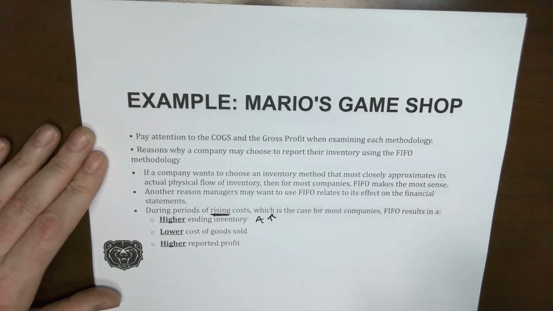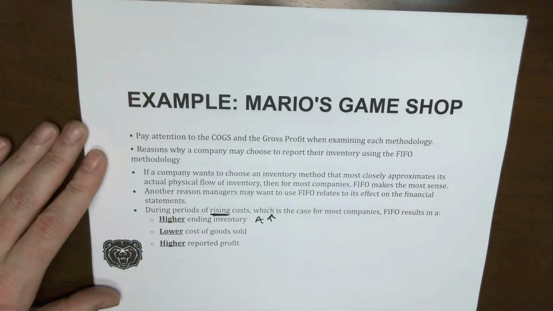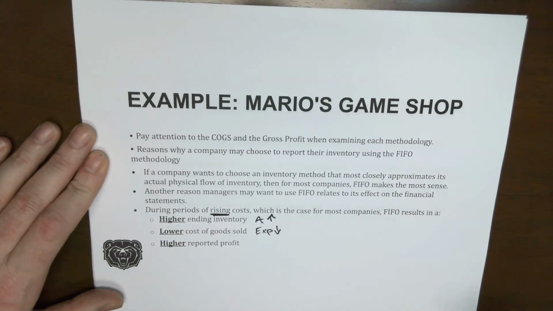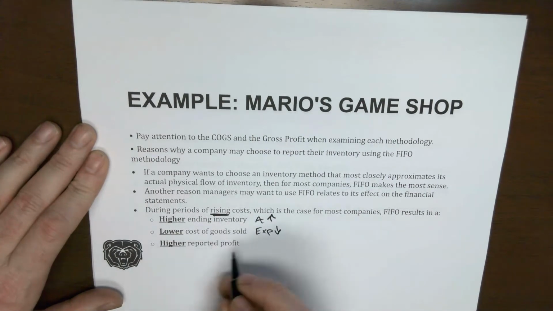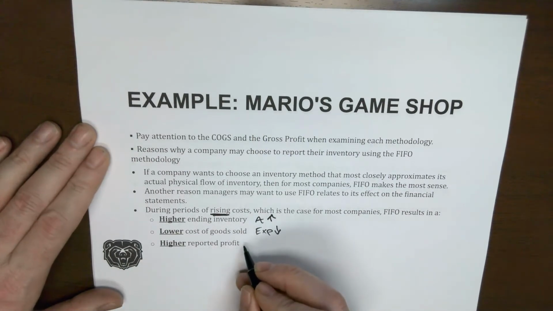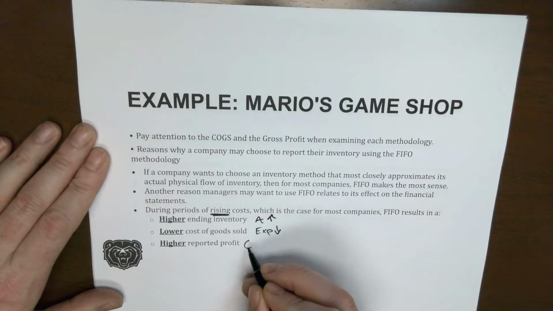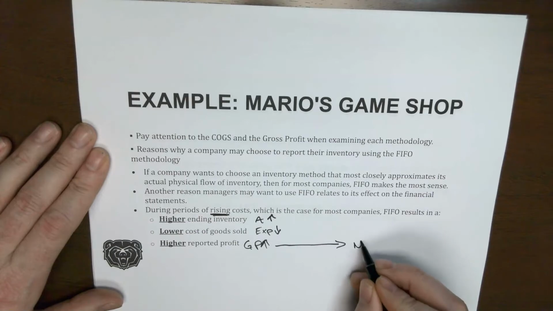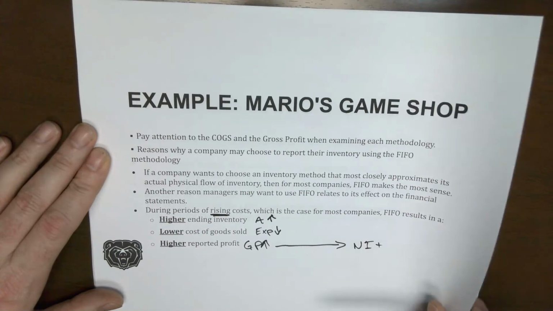It makes their balance sheet look a little better. It's a lower cost of goods sold, which is a decrease in an expense for them. So it makes their net income look higher, which you see reported in your gross profit. So you're going to have a higher gross profit, which, if you follow that all the way down, leads to a higher net income, right?